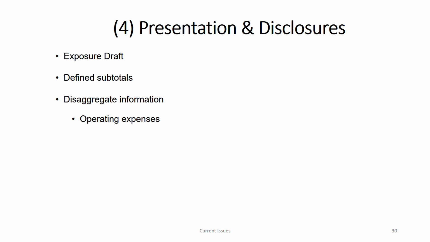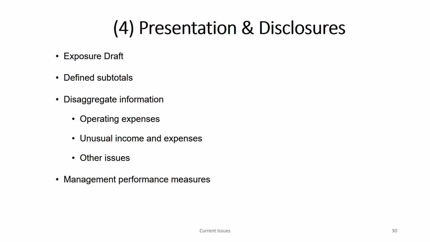For example, operating expenses is an area, unusual income and expenses is the second area, and the third area is other issues. Then the management performance measure. How do you present or disclose it? And the statement of cash flow, the last, because through the statement of cash flow also you present. How do you present it? We are going to cover it.